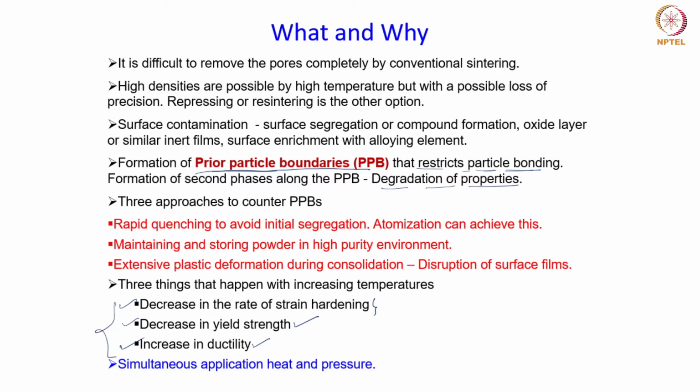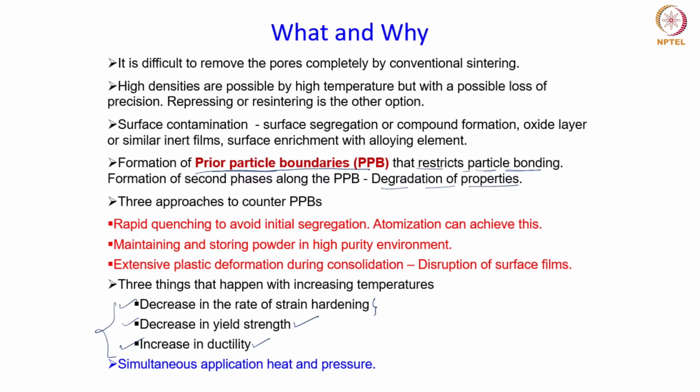And if these two things can happen together simultaneously, then there is nothing like that, because the things that these two parameters, heat and pressure, lead to are actually the essential things which are needed for a better densification to occur. And therefore, when you have a simultaneous application of heat and pressure, you can expect to achieve a full density compact, right?